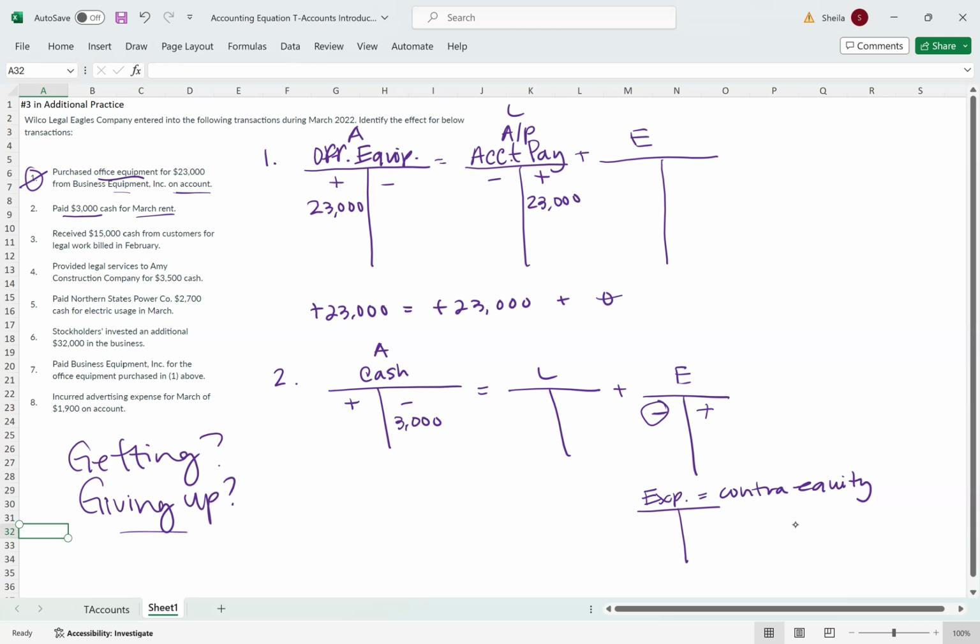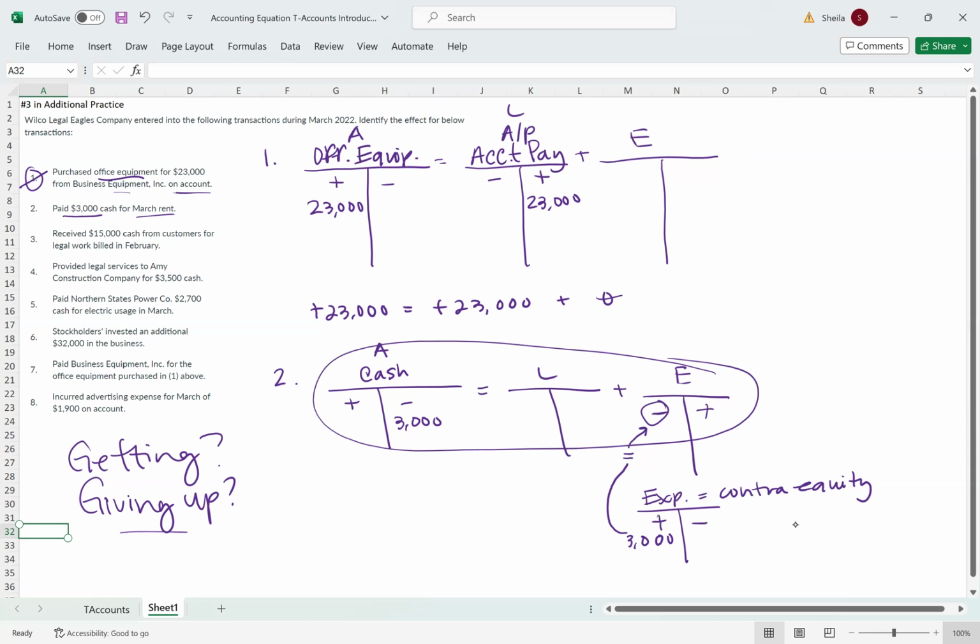And so my debit, my expense is going to increase by 3,000. What that in turn equals is a decrease to my equity. And that's how my equation stays in balance.